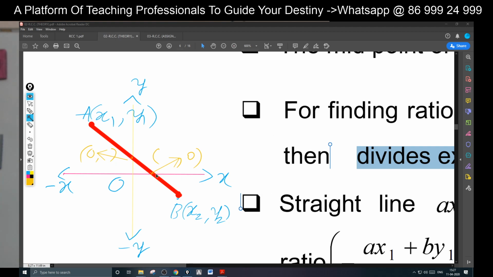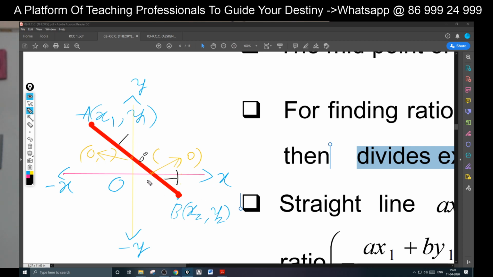Now, let us find out the ratio in which AB is divided by x-axis. So let the ratio be some lambda is to 1. Let me take the ratio as lambda is to 1.